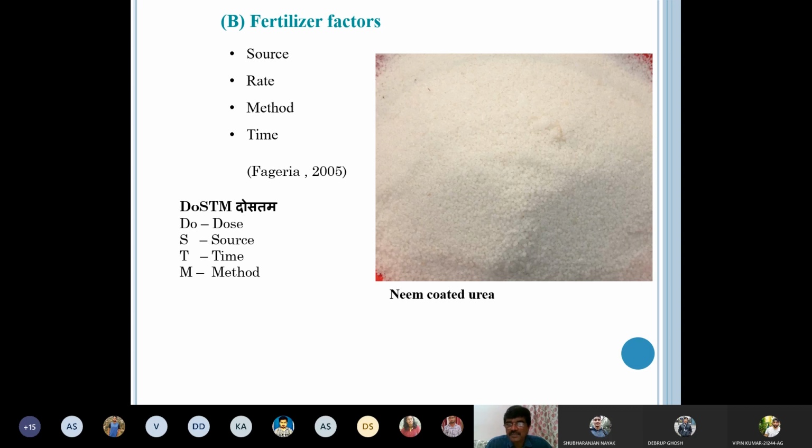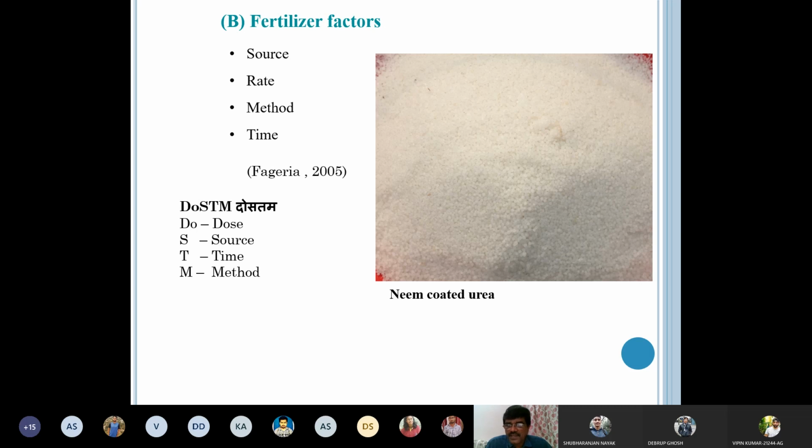So source will affect. Similarly, in case of rice, ammoniacal fertilizer, ammonium sulfate will have more efficiency than sodium nitrate, calcium nitrate, etc. Even more than urea, ammonium sulfate will have more efficiency than urea in case of rice. So this has been proved. So source will affect the use efficiency of the nutrient.